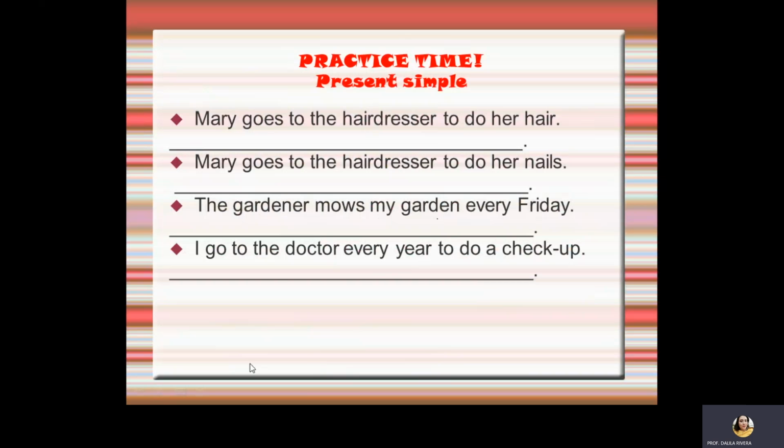If we want to change this sentence into the expression we're checking now, have something done, we can say, for example, Mary has her hair done at the hairdresser.